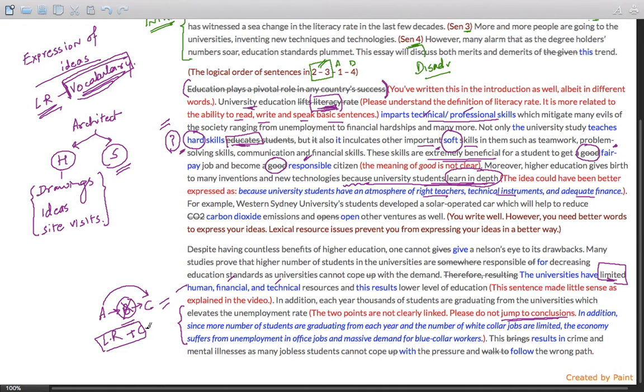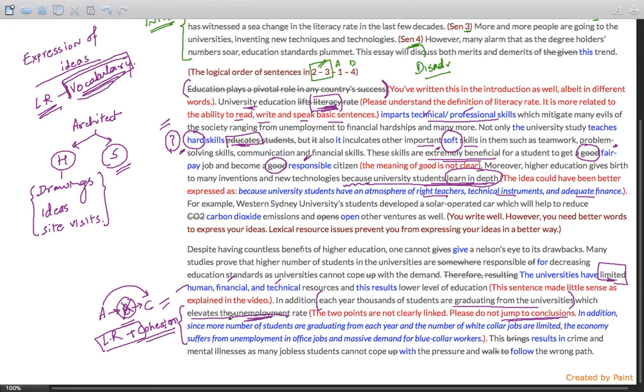Okay, in cohesion. Let us go through this sentence and let us try to avoid this mistake. "In addition, each year thousands of students are graduating from universities." This is number one. Each year, thousands of students are graduating from universities, which elevates the unemployment rate. So how can a number of students graduating from universities directly lead to unemployment rate?